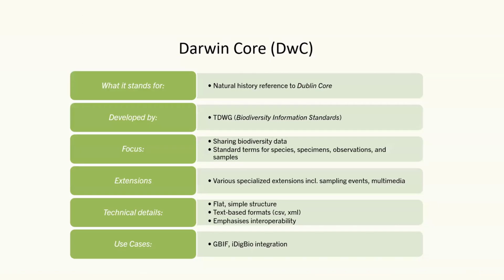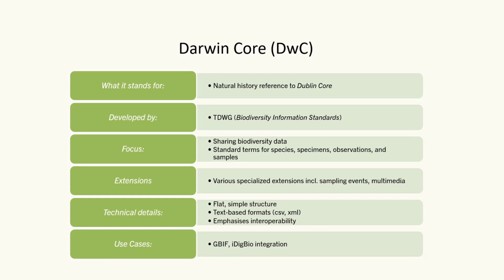Another one that is widely used is Darwin Core. Darwin Core is a widely used metadata standard, and Darwin Core is a play on that, specific to biodiversity data. This is also developed by TDWG, and it standardizes terms for species, specimens, observations, and samples. There are various specialized extensions for it.